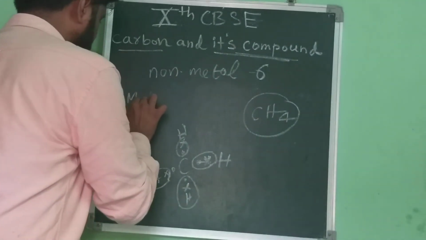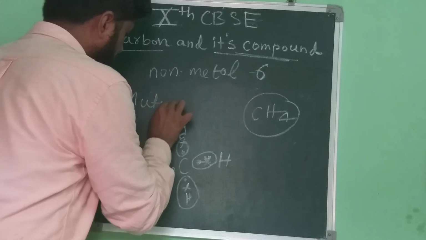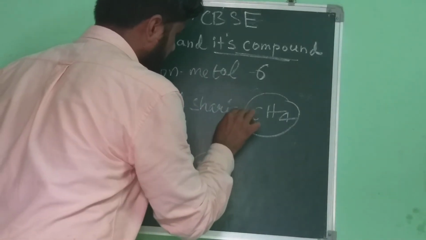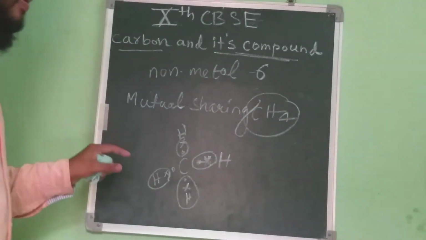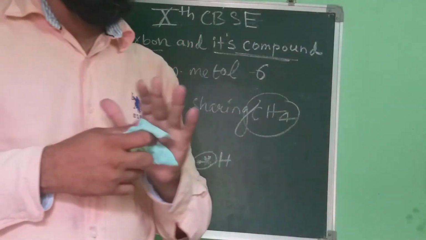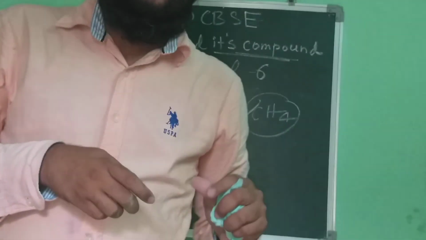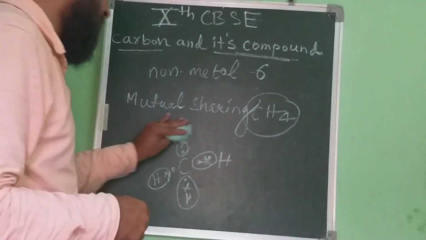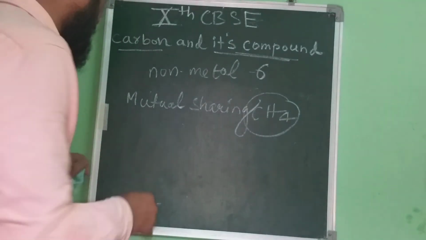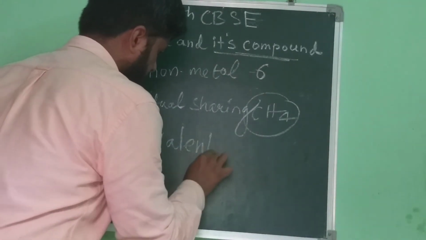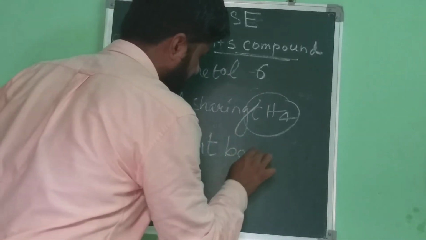It is a mutual sharing of electrons, and by this mutual sharing, carbon forms a bond with another atom, and this bond we call a covalent bond.